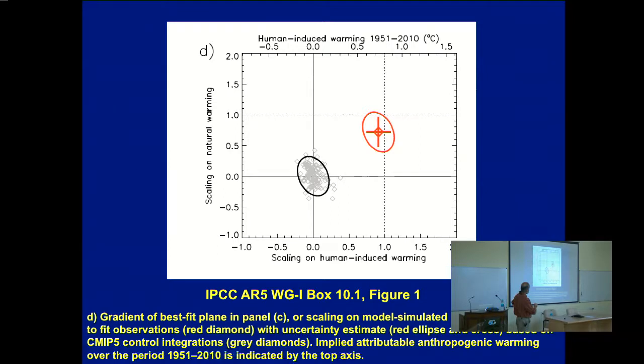So you see how this red ellipse is completely separated from this black ellipse. If these two are intersecting, then you can't distinguish them, right? So this one is saying that the observations are best described by these human-induced and natural warming with that scale. That scaling is completely different from the 0, right?